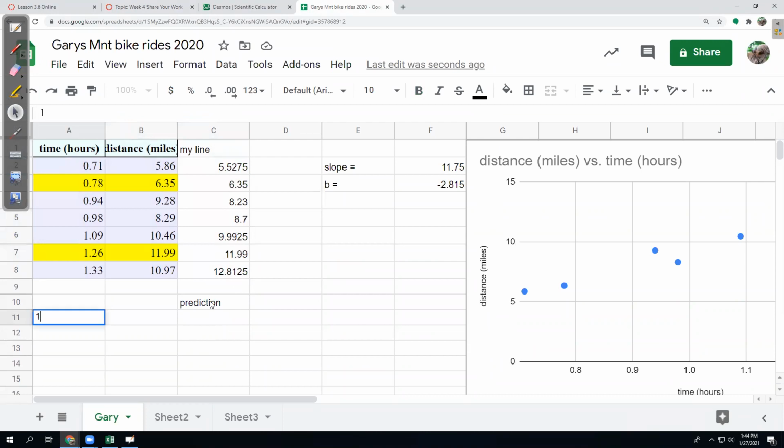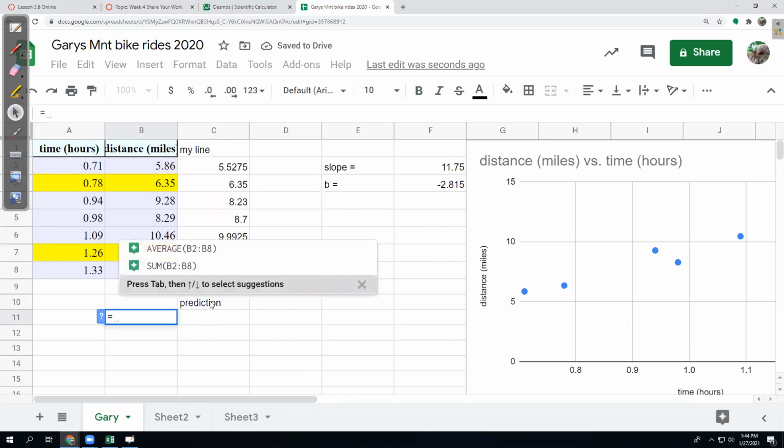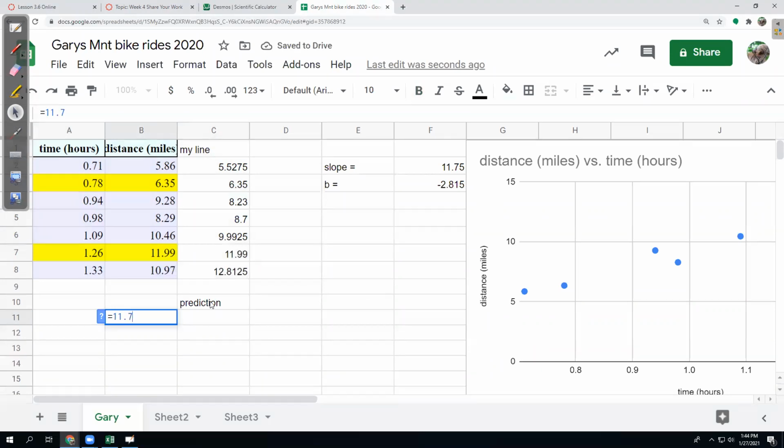That's not in here. So if I could pick exactly 1 hour, my equation says, okay, take 11.75 times that 1 hour minus that crazy 2.185. And you may or may not end up with a negative number for the y-intercept. It's going to be a little different. So that's my prediction right there, that if Gary rides for 1 hour, my equation predicts he'll cover about 9.5 miles. And so I would write a sentence that says that.